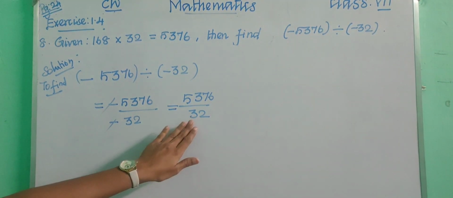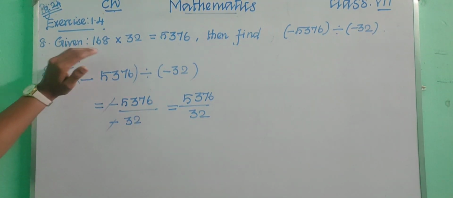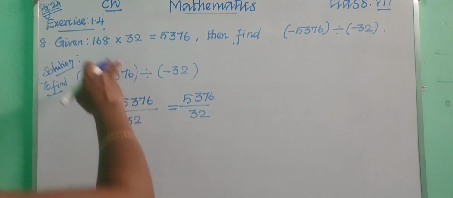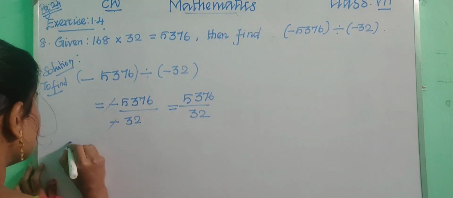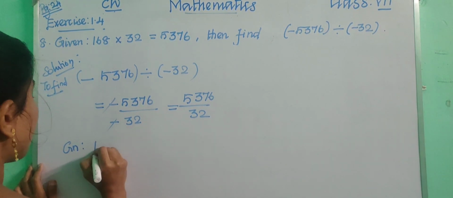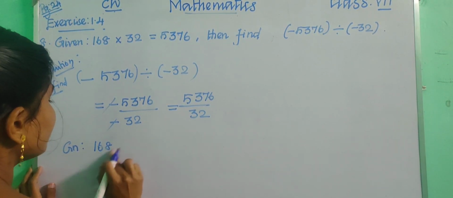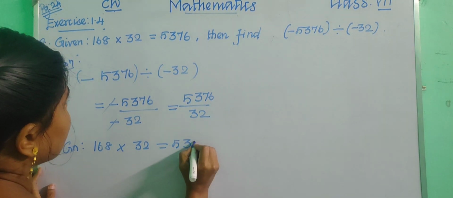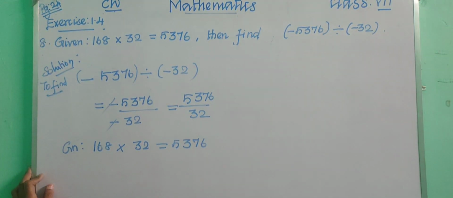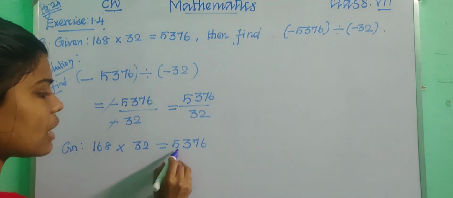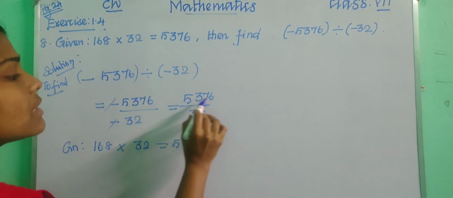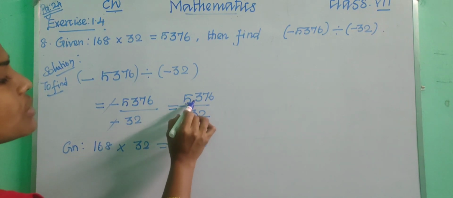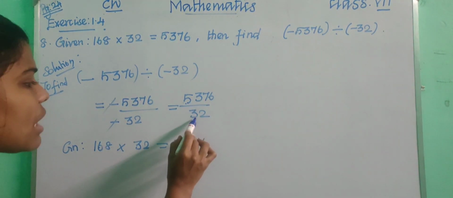But already they had given something, right? It is a hint for us, okay? So that we are going to use this one. So let us write given. 168 into 32 equal to 5376. Okay children, see the digits. Here we are having 5376 and here also in division we are having 5376 divided by 32.